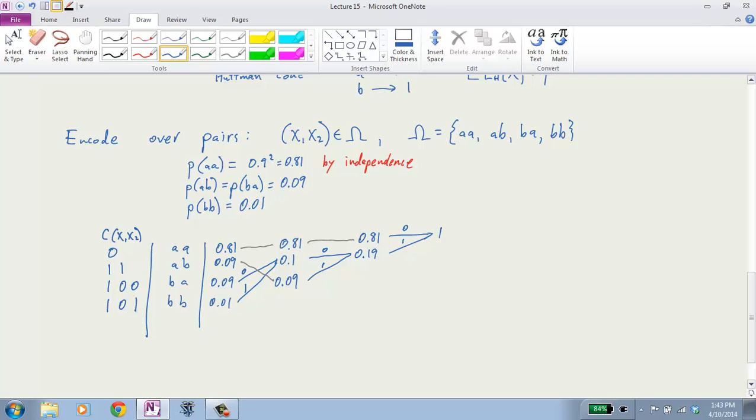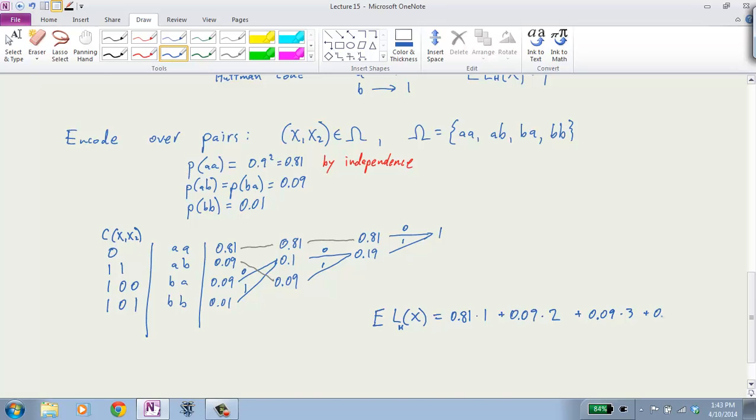But now, since not everything is taking 2 bits, we should calculate the expected length. The expected length for Huffman here is going to be 0.81 times a length of 1, plus 0.09 times 2, plus 0.09 times 3, and then the last one, plus 0.01 times 3.